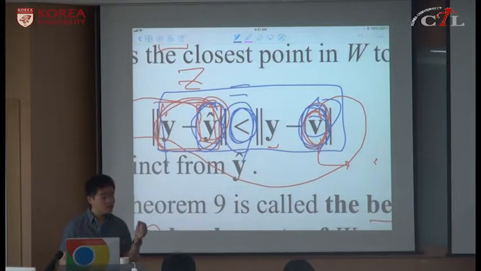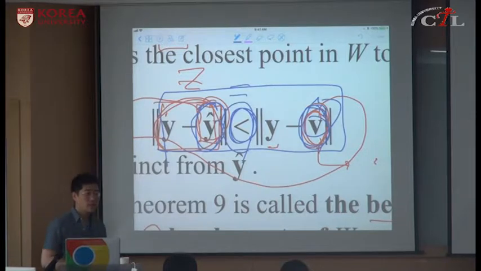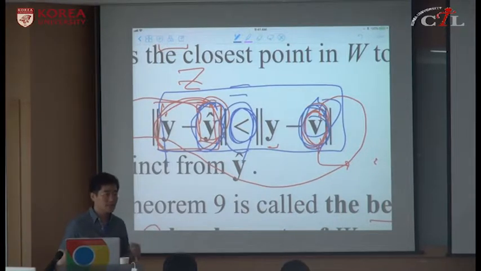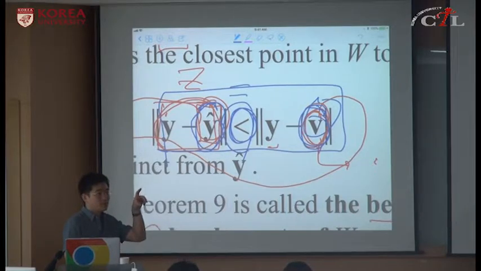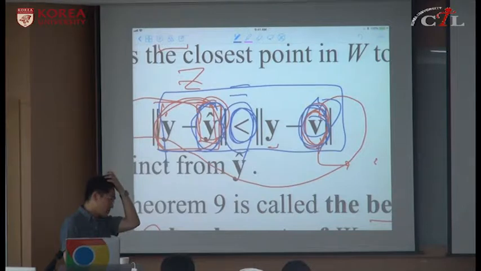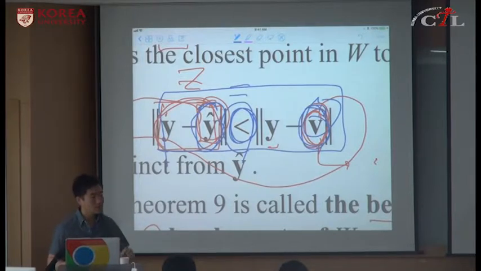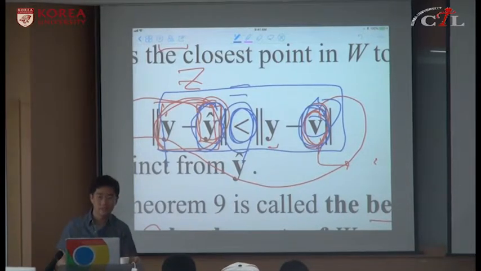If you had another different orthogonal projection, you may have a different point that has the same smallest possible error value. In that case, you could have multiple best approximations of y, right? But that's not our case, simply because our orthogonal projection is always uniquely defined.